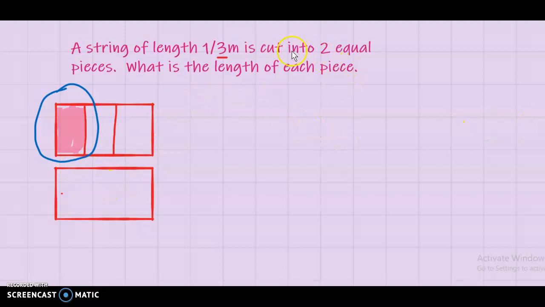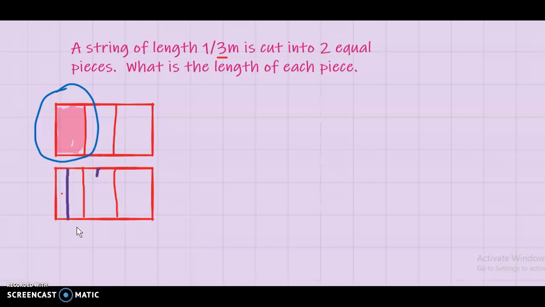Now, we're going to cut this 1/3 into 2 equal pieces. So I'm going to use this rectangle and divide it just like the top one. I have 3 equal parts, but since this is the area that we're going to cut into 2 equal pieces, I'm going to cut it using a different color.